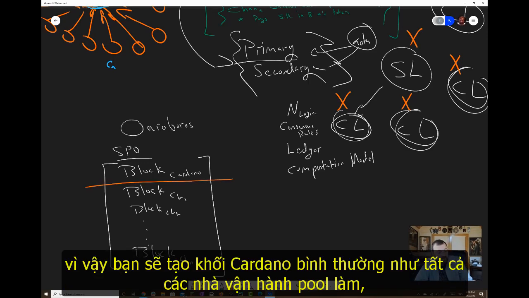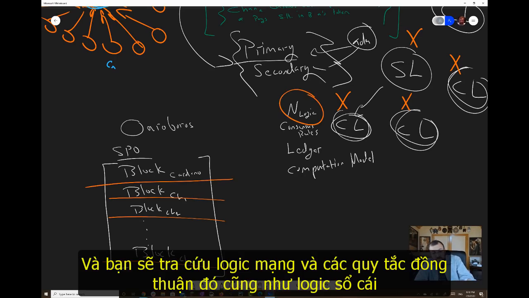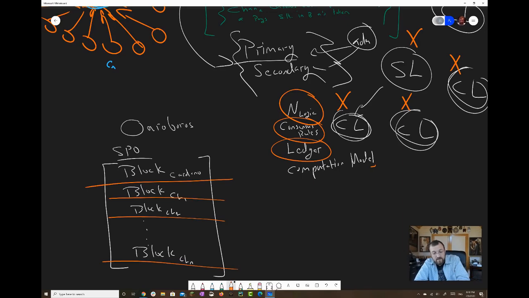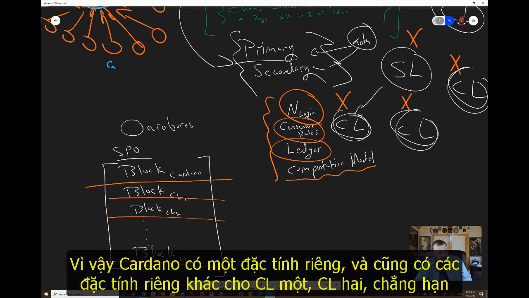So you'll generate the normal Cardano block like all the stake pool operators do, but then you'll make the block for the next network, the block for the next network, the block for the next network, and you'll look up that network logic and those consensus rules and the ledger logic, and you'll follow the computational model, and these will all be different, okay? So Cardano has one flavor, but then there's a different flavor for CL1, CL2.